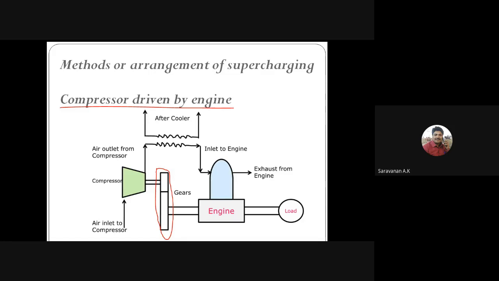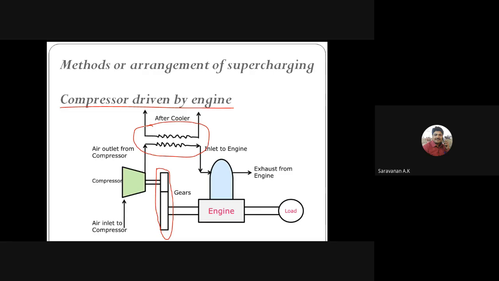The air cooler is used after the compressor to reduce the inlet temperature of the air to the engine.